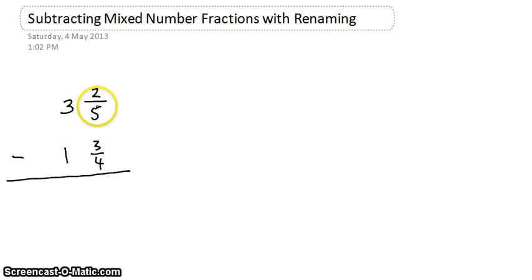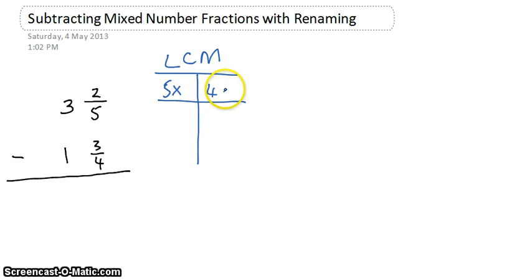make equivalent fractions. So I'm looking for my lowest common multiple of 5 and 4. So I need to know my 5 times tables and my 4 times tables.